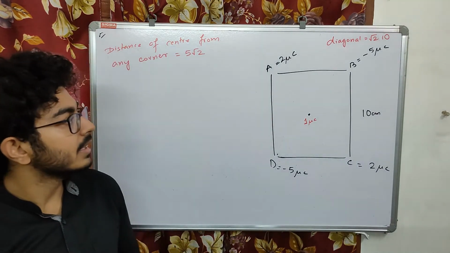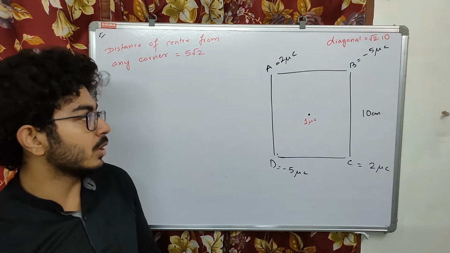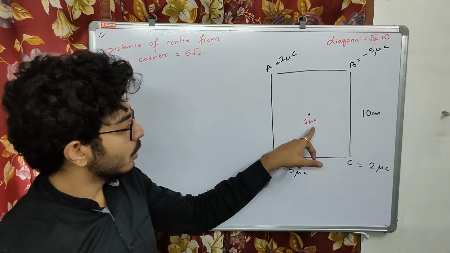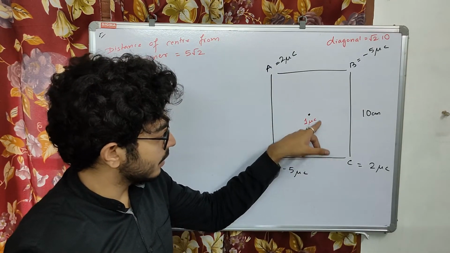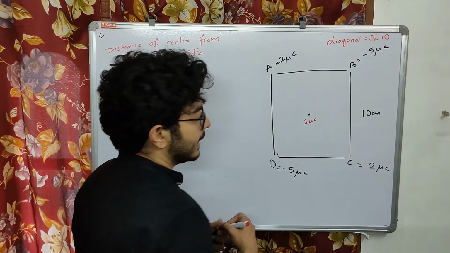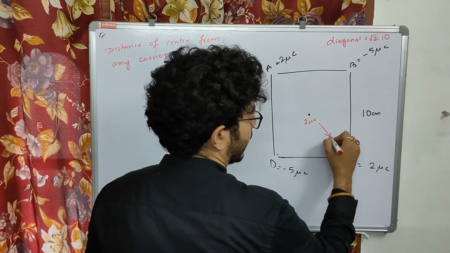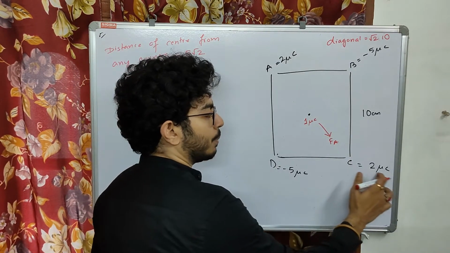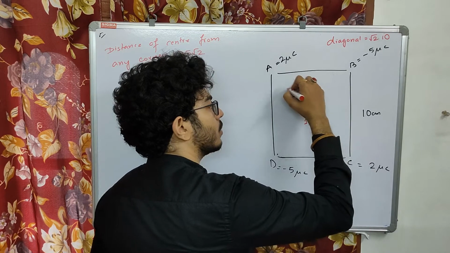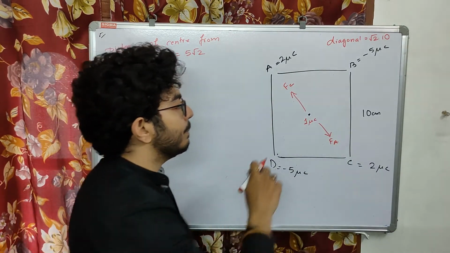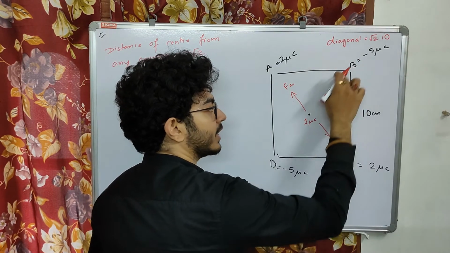See, if you place a charge of 1 microcoulomb, this is a positive charge. Then A will give force on this side. This is the force due to A. And C is also a positive charge. This is the force due to C. B is a negative charge, so it will attract.